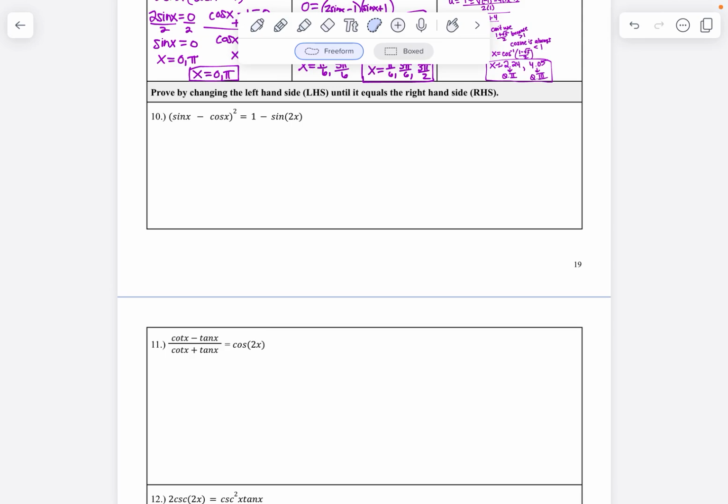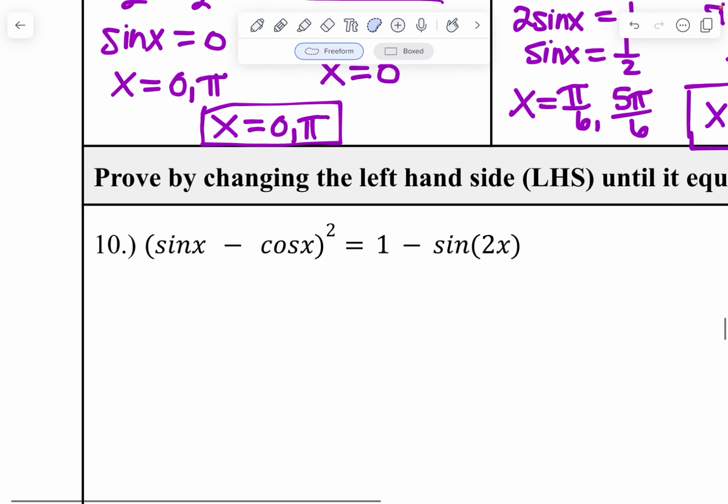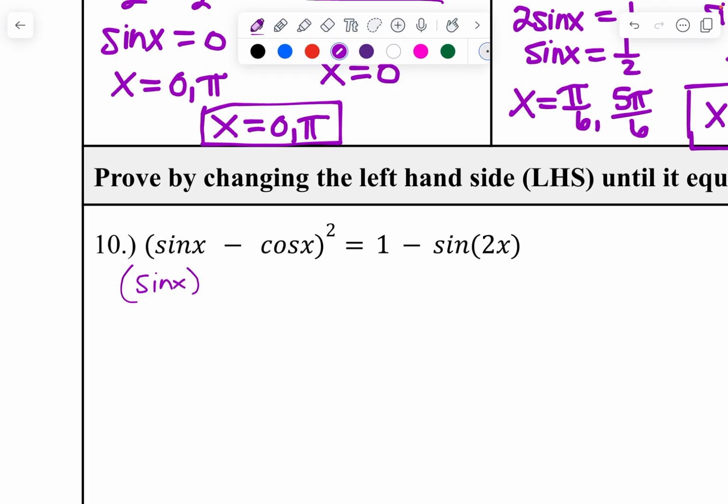All right, so next we are going to prove each of these identities by changing the left-hand side until it equals the right-hand side. So the first one here, we've got sine of x minus cosine of x, quantity squared. So we're going to multiply that out. It's a binomial times a binomial.